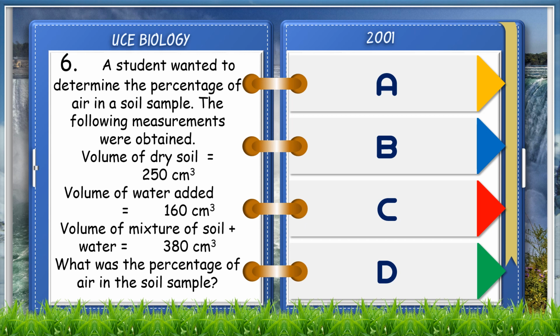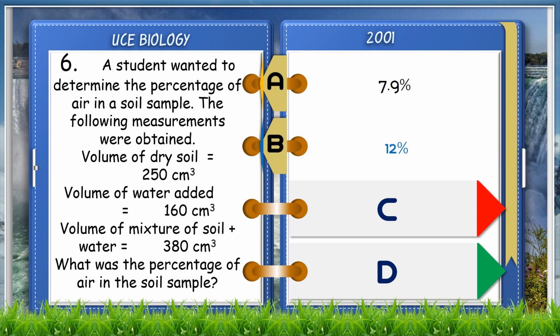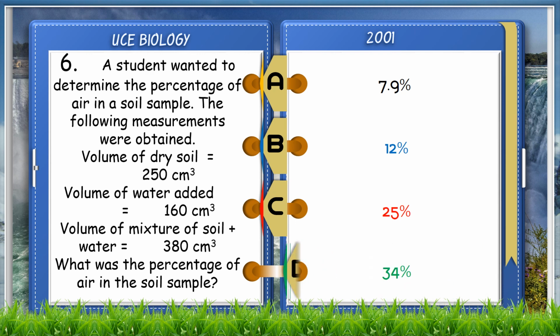What was the percentage of the air in the soil sample? A. 7.9%. B. 12%. C. 25%. D. 34%. And the answer is B. 12%.